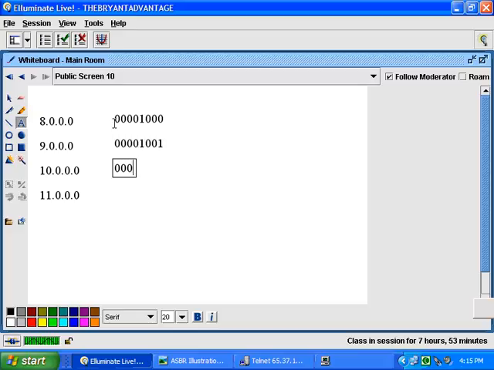That's 9. That's 10. That's 11. That's it. So to come up with the summary, we simply work from left to right and draw a line where the 4 addresses no longer have a bit in common. And that's easy enough. We work from left to right, and we see that that point is right here.